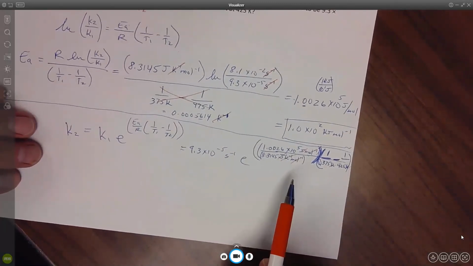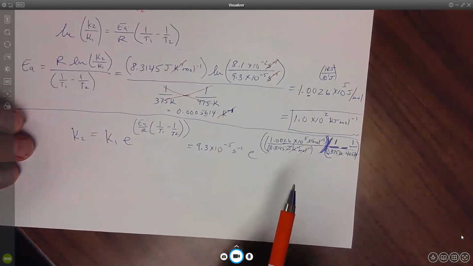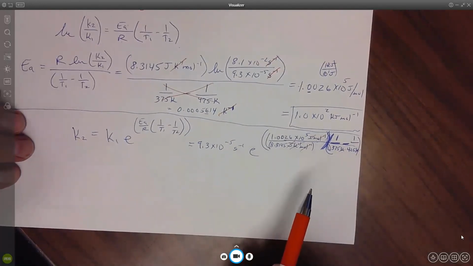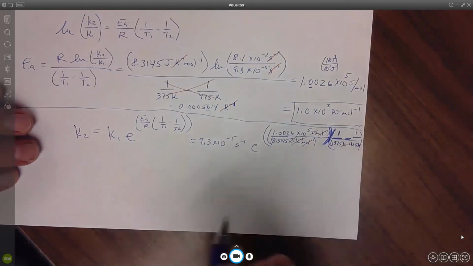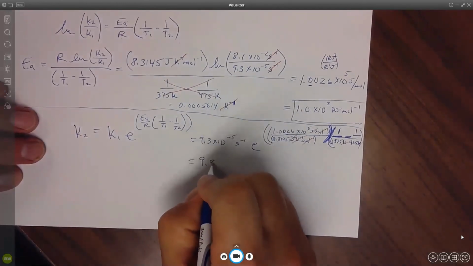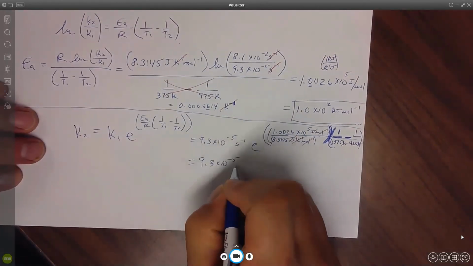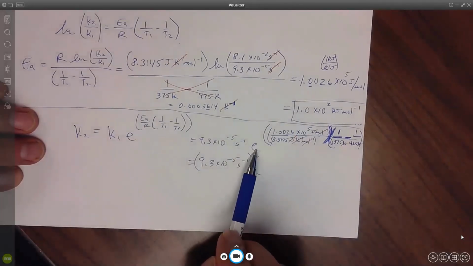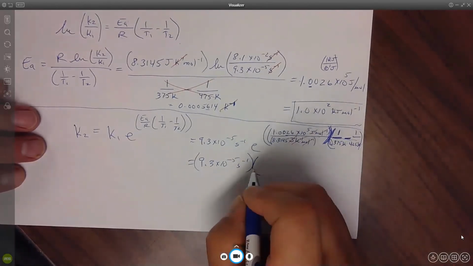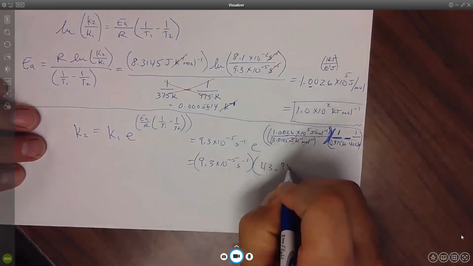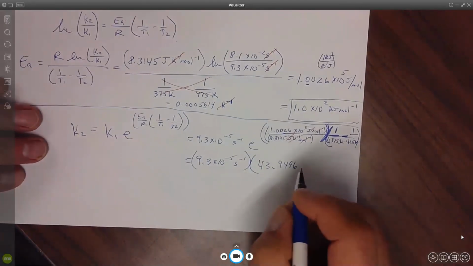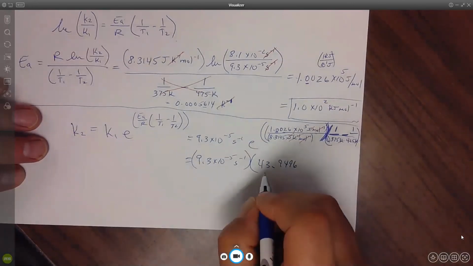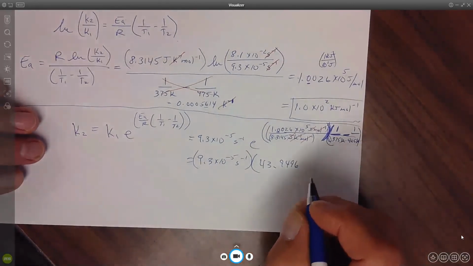You'll avoid a lot of math mistakes if you use your units, and it doesn't take any time to do that. Now I can just plug this into my calculator. This is going to be 9.3 times 10 to the negative 5 per second times e to the 43.9496, which is unitless. This was 2 sig figs, and after you do all of the stuff, it's going to end up being just 1 sig fig.